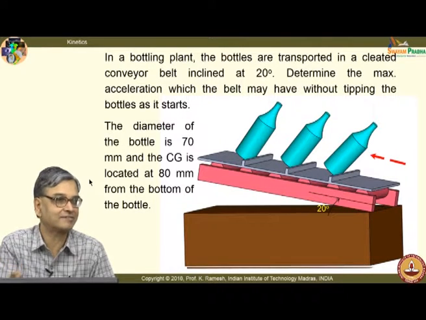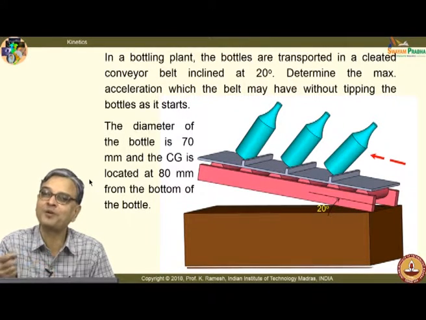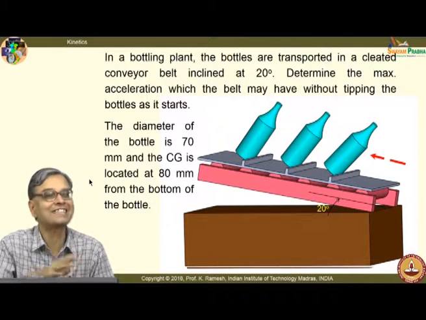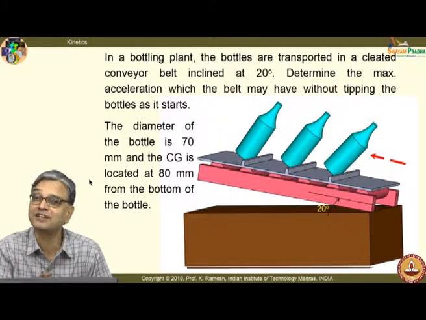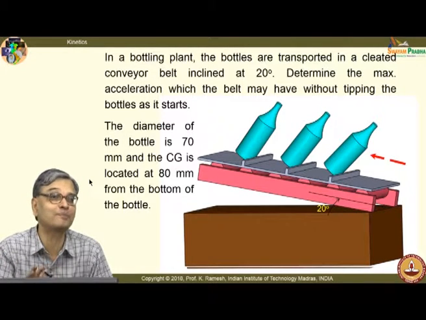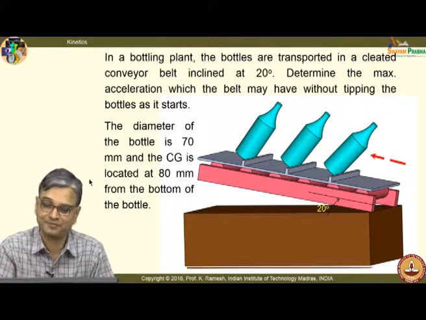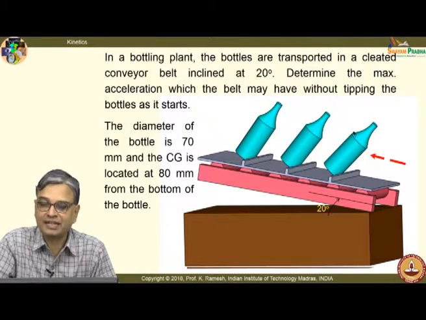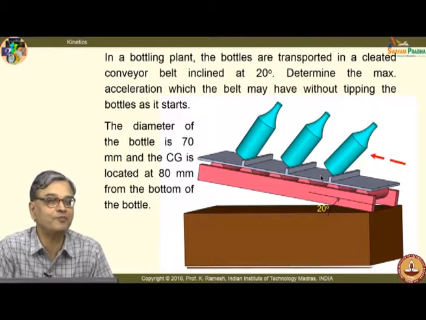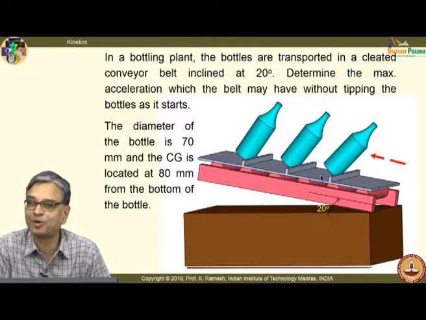That is a limiting case. So, it is a very nice problem which links your statics and dynamics. You cannot afford to forget the concepts learnt in statics once you step onto dynamics. That is a message. I would suggest that you think about solving this problem. We will continue with the problem tomorrow.